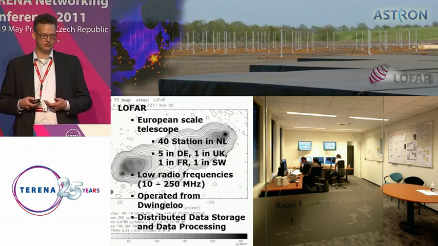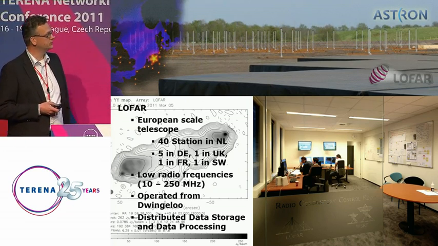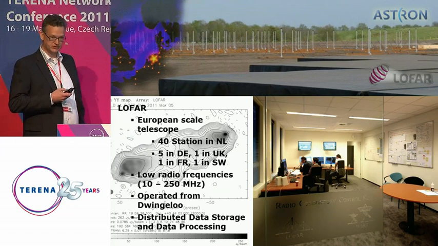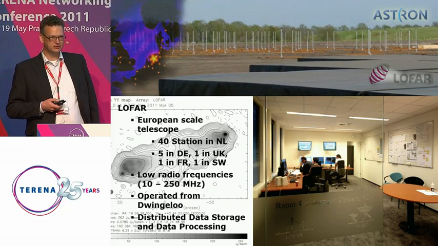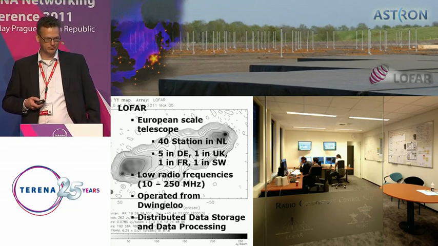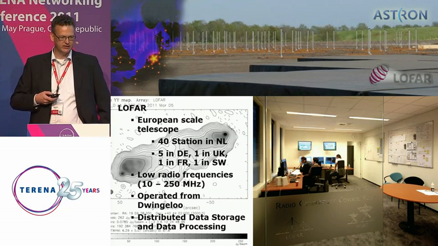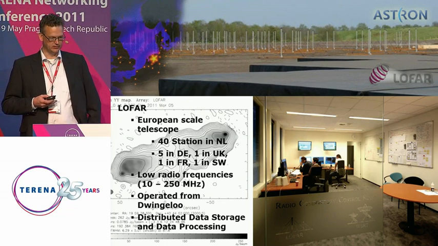There are only very few radio telescopes that can observe below 250 megahertz, and it will do so at very high sensitivity. It's operated from a place called Dwingeloo in the Netherlands, in what is, in Netherlands terms, a remote area, and it has a distributed data storage and data processing system.